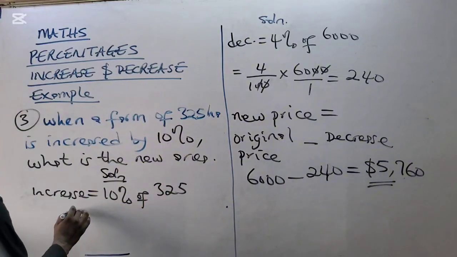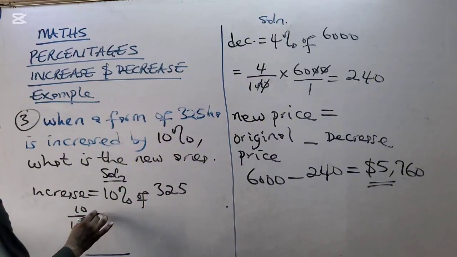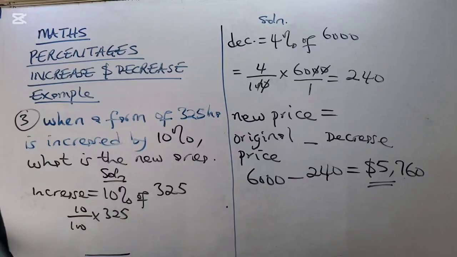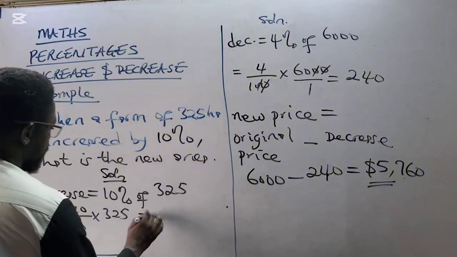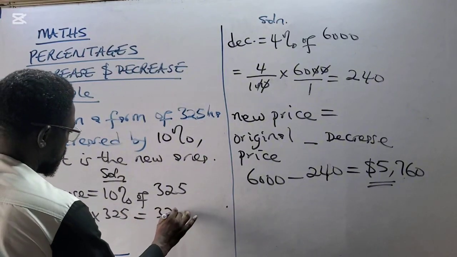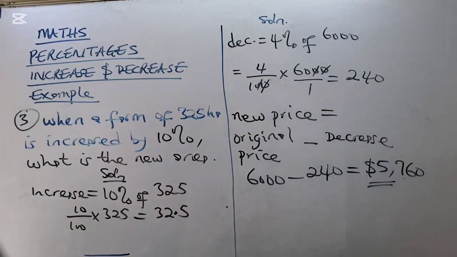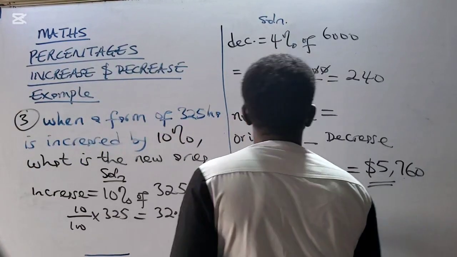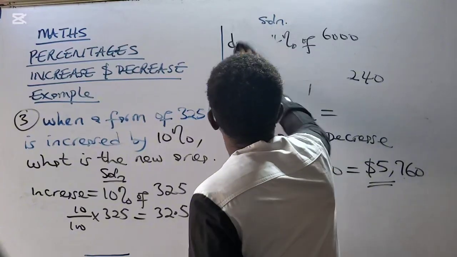The increase is 10% of 325. So we get 10 over 100 times 325. That will give us 32.5. So the next thing I'll do now is to calculate the new area.